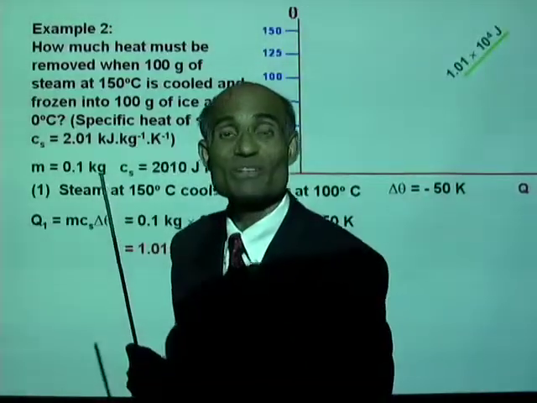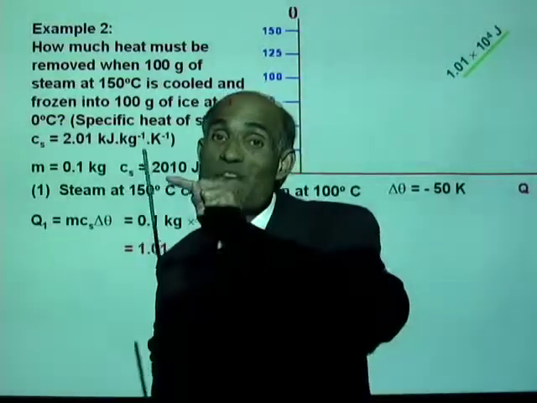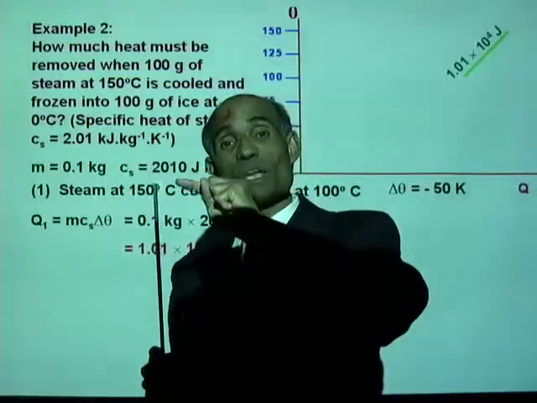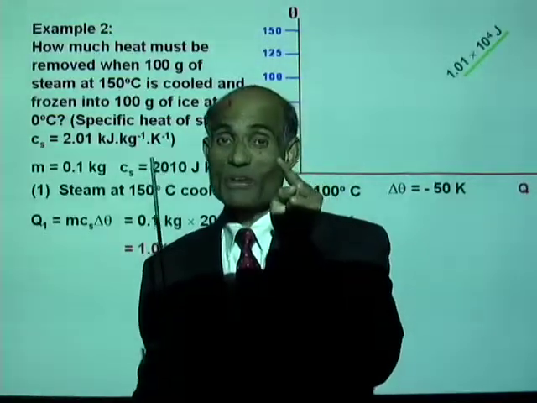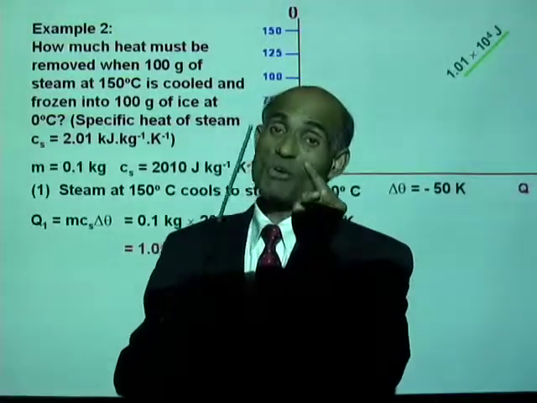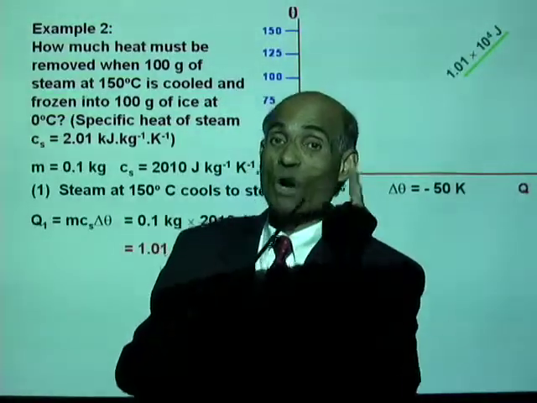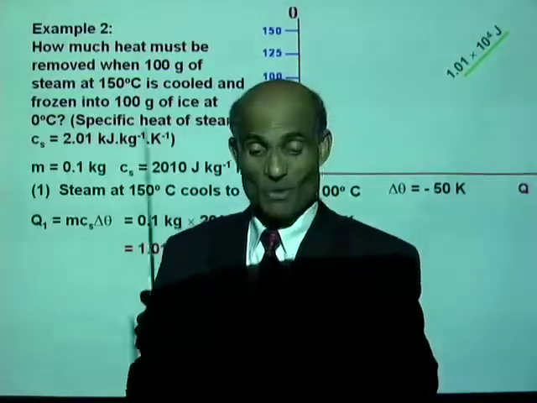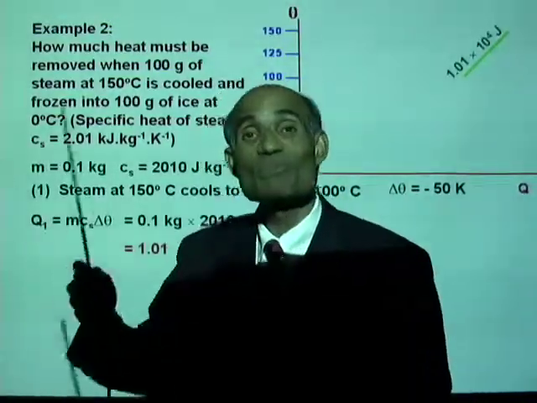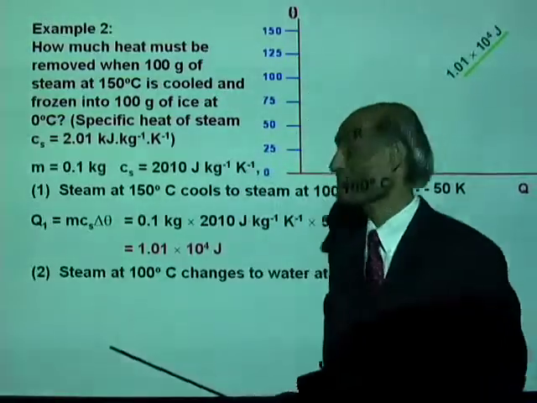What is going to happen to it? It is now going to change its state from steam to water. So all the steam at 100 degrees Celsius is now going to condense back to water at the same temperature, a change of state. What is the quantity of heat liberated during that time?